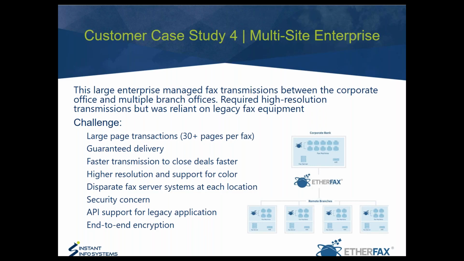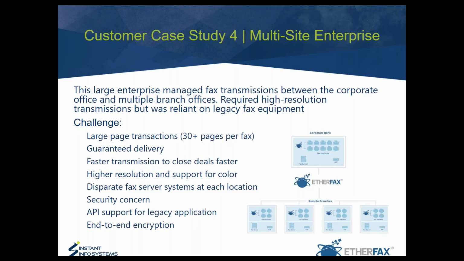They looked at some other technologies like Tumbleweed to move documents between a central place and a branch office, but the challenge is it was overcomplicated and very expensive to deploy. With the Etherfax service, they were able to leverage the API and securely, with end-to-end encryption, move documents from the corporate bank headquarters out to their branch locations.